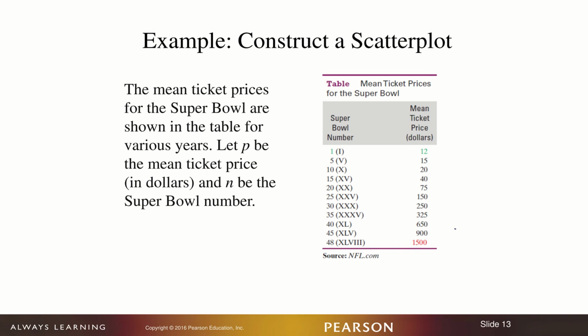As you recall, we always set up the explanatory variable using the horizontal axis, so this will be N, and the ticket price P will be represented on the vertical axis.